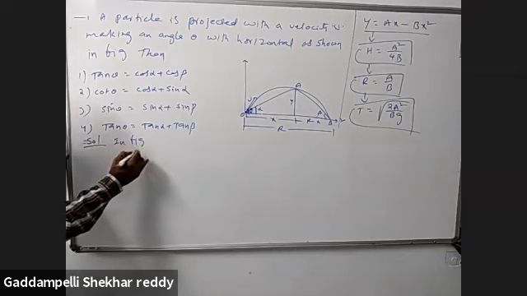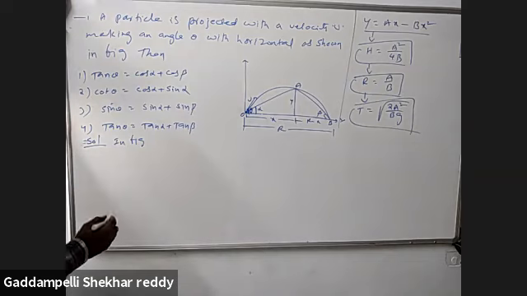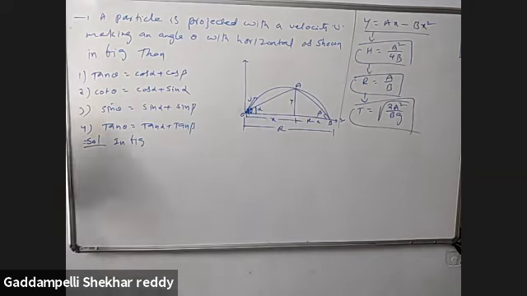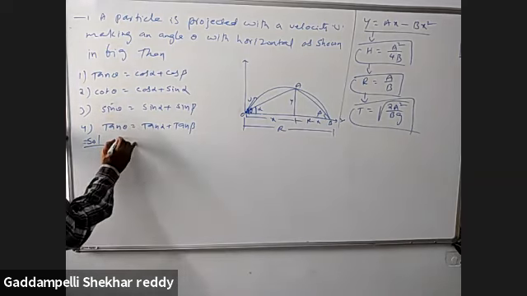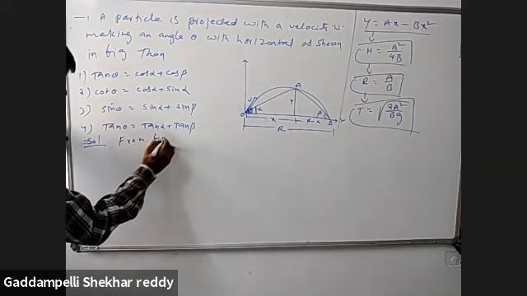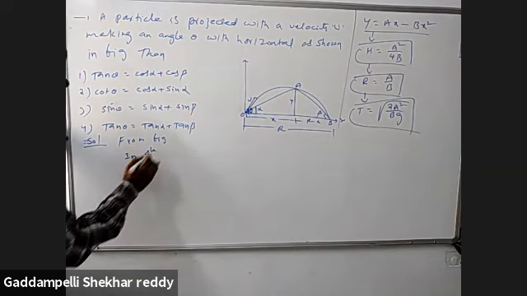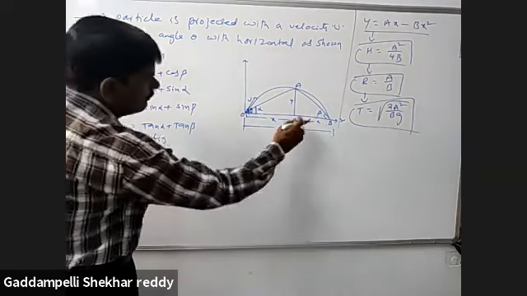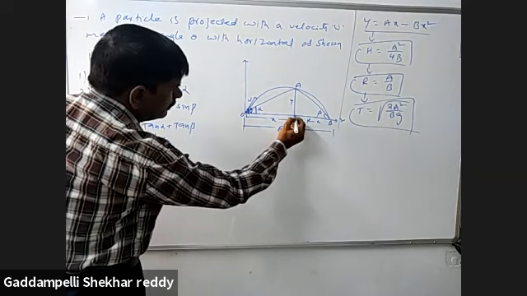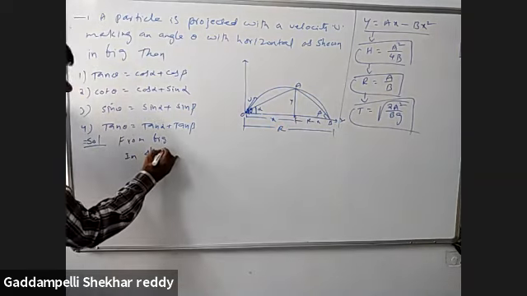From the figure, let me name this point C, in triangle AOC.